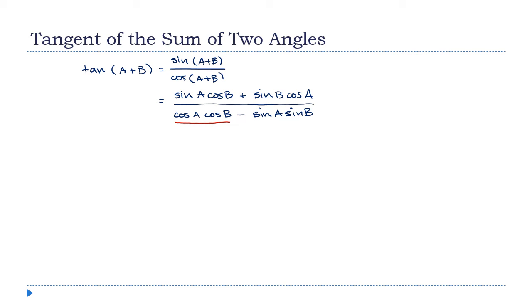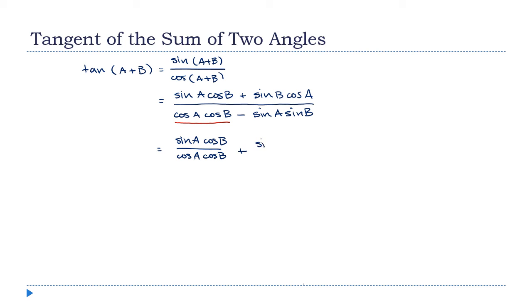All right, so just bear with me, and watch what happens. I'm going to divide everything by that expression. So this is going to become sine A cosine B over cosine A cosine B. You see what's about to happen there, right?